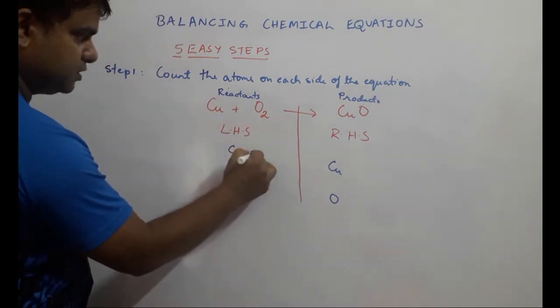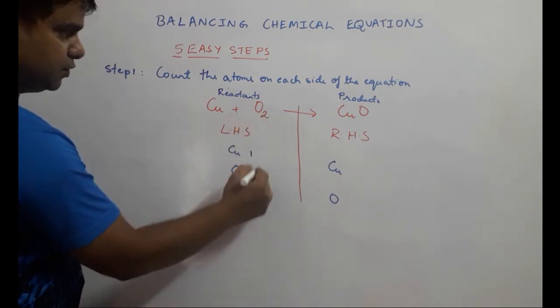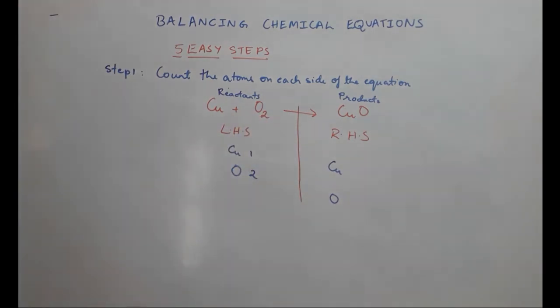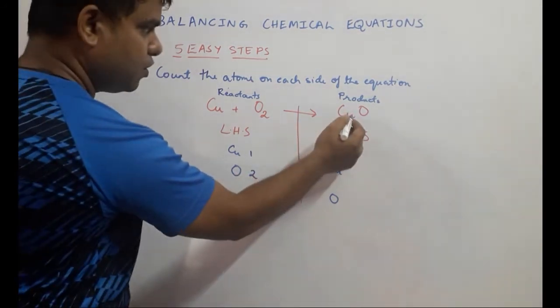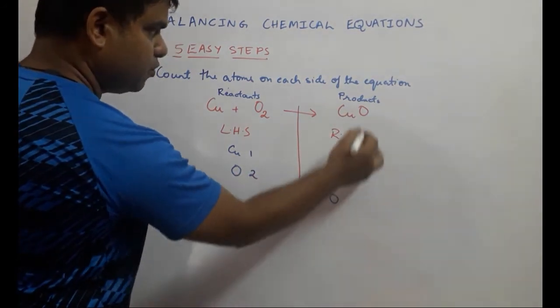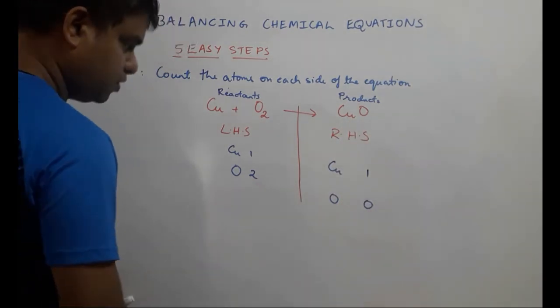So we mark this as 1. How many of oxygen on the left hand side? 2. So we mark this as 2. So there are 1 and 2 on the left hand side. What about the right hand side? There's 1 of copper and 1 of oxygen.